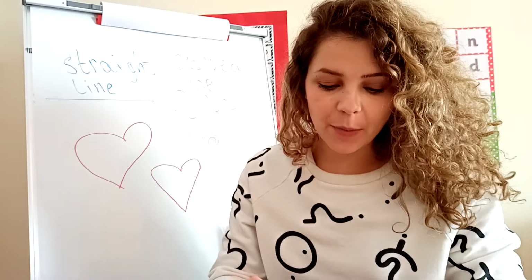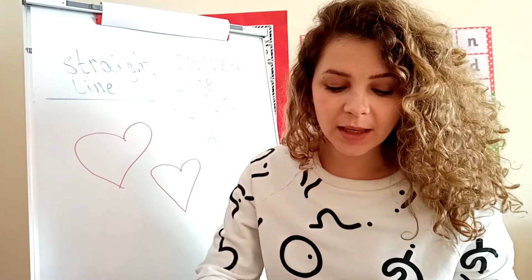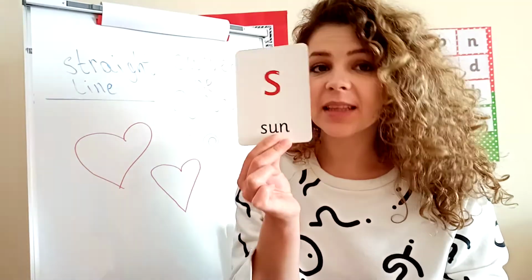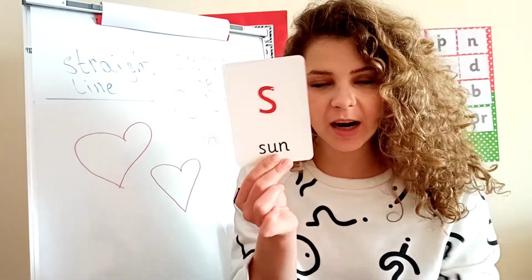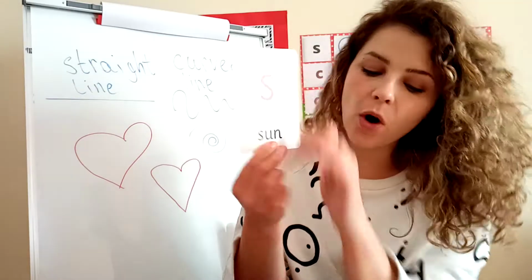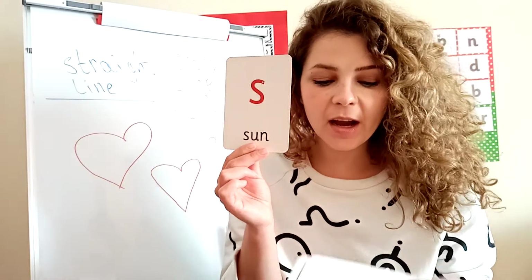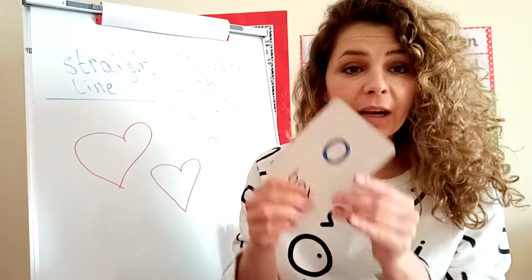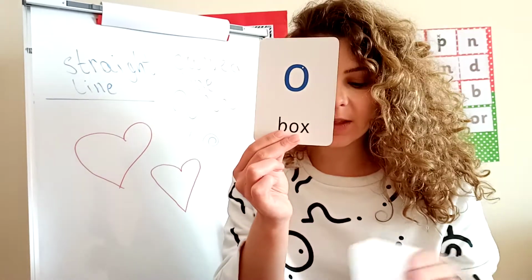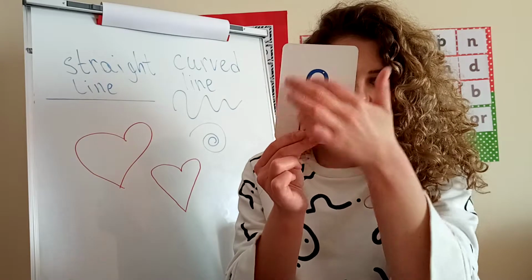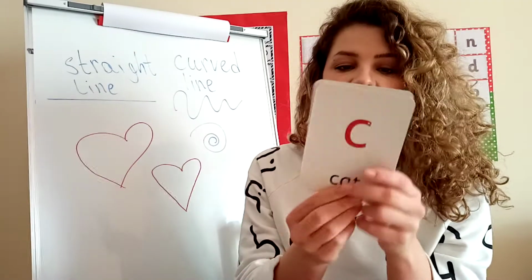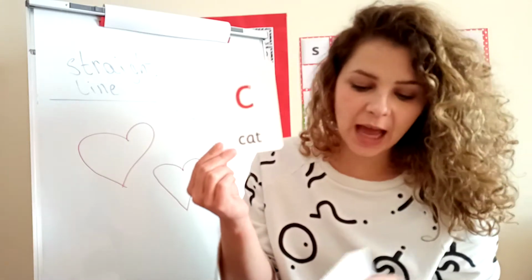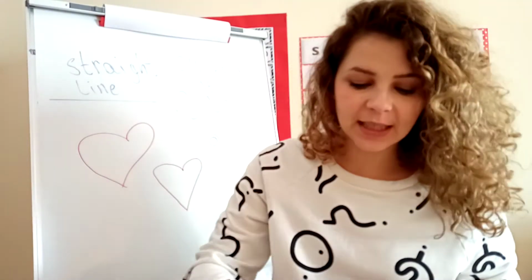And let's see some more examples. S, sun, definitely a curved line. The whole letter is one curved line, and the same goes for letter O. It's one curved line, and so is the letter C, sound K. And let me see what else I have here.